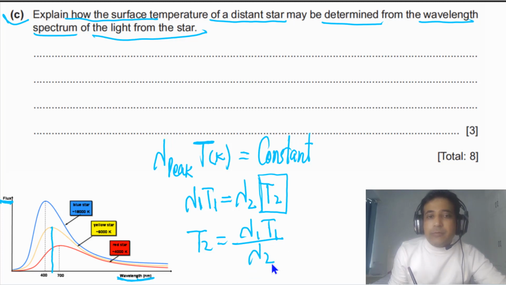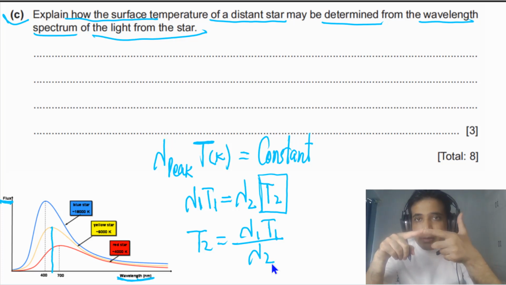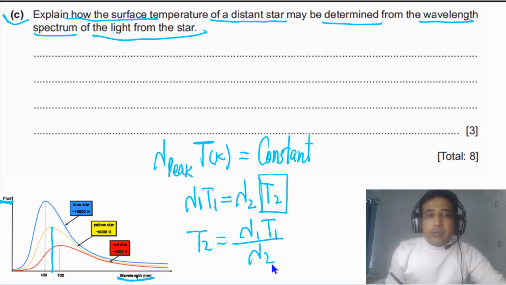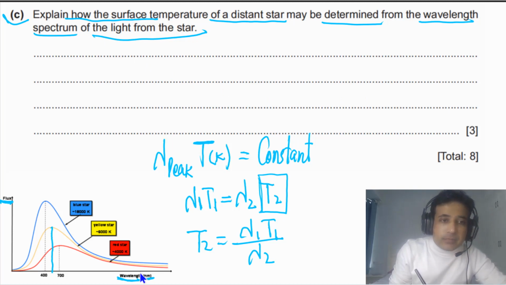If we have lambda peak and thermodynamic temperature, meaning surface temperature in Kelvin, and we have the wavelength spectrum of a star, we can determine the peak wavelength of that star. So this is simply how you can use Wien's displacement law. From the spectrum, first of all you find the value of lambda peak.